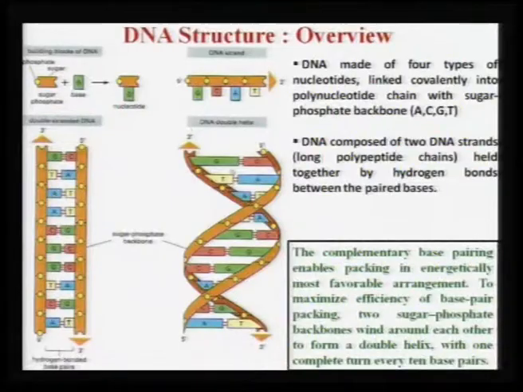Now, the way this base pairing takes place is that A pairs with T, that means adenine pairs with thymine, and C pairs with G, that means cytosine pairs with guanine. That is the typical base pairing observed in a DNA sequence. Now, I repeat, if you remember, the building blocks of a protein structure are amino acids, right.